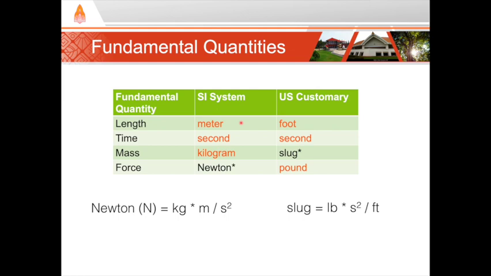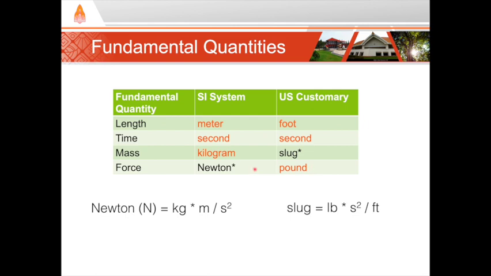In the SI system, the basic unit for length is a meter. However, in the US system, the unit for length is feet. The units for time in either system is seconds, and for forces we can use newtons in the SI system or pounds in the US system.